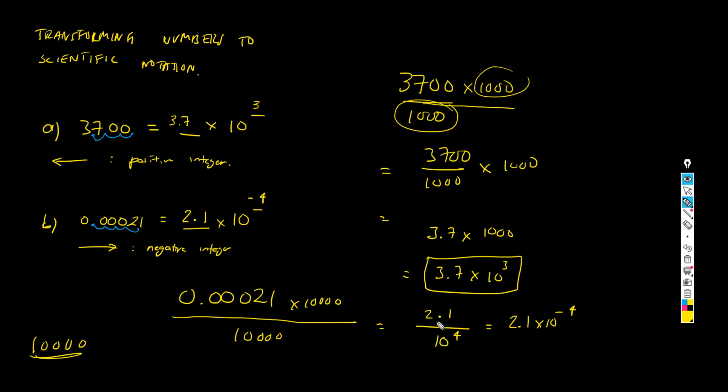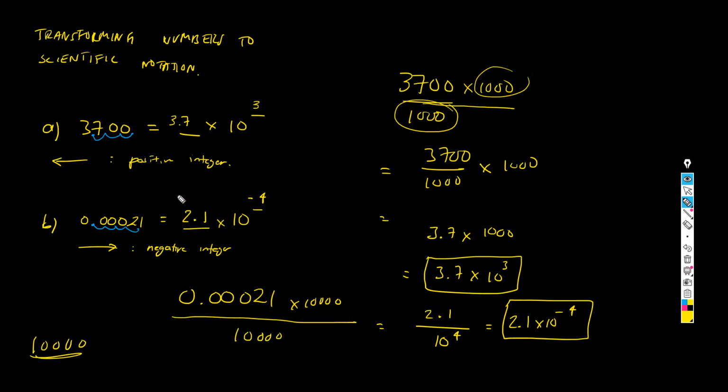Because remember that if we have a fraction and in one of the places of the fraction we have a base raised to an exponent, you can move the base to the other side of the fraction as long as you change the sign of the exponent. You see? So I'm moving this 10 to the 4 upwards, and it's going to convert into times 10 to the minus 4. So that's why this number can be written in this way by using this multiplication by 10,000 and division over 10,000. That is the logic behind it.